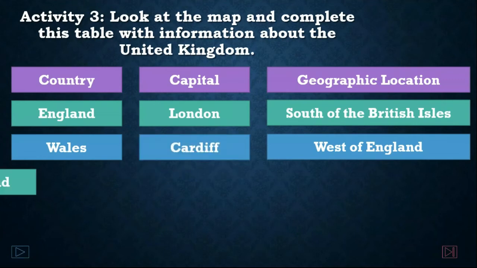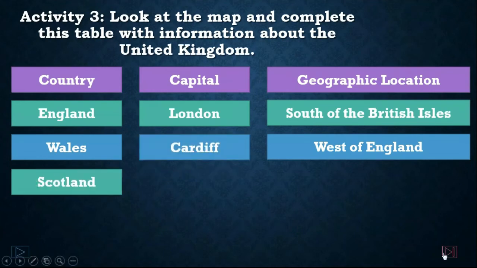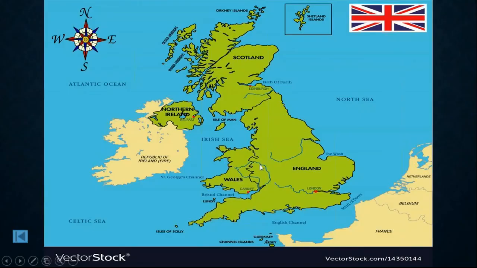Very good. Next we have Scotland. So let's look at the map. So this is Scotland. What's the capital of Scotland? Edinburgh. So it's Edinburgh. Very good. Okay, where is Scotland? The geographic location. North. In the north of what?